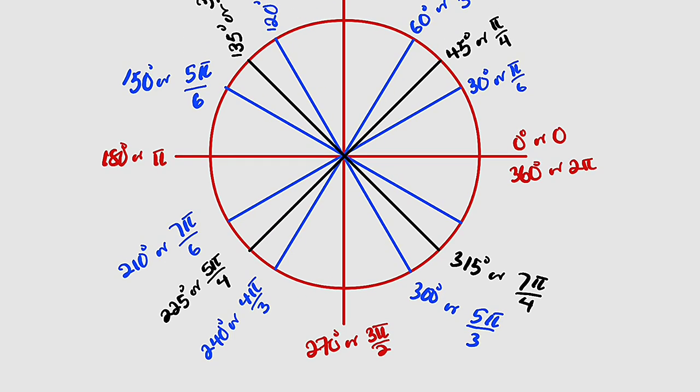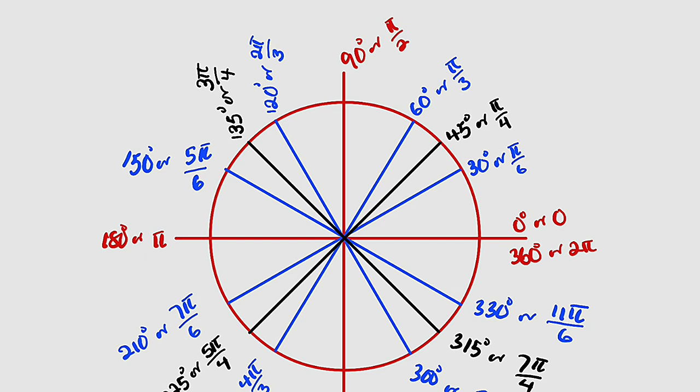Then second to the last is 330 degrees. This is 330 degrees, or in radians what? 11 pi divided by 6. So we have written all the special angles on a unit circle.